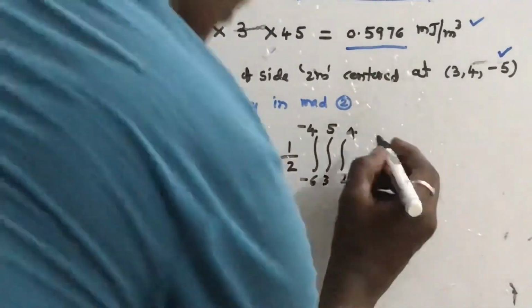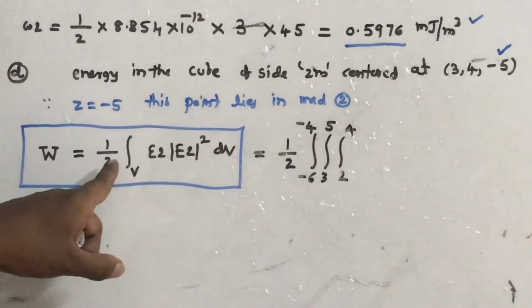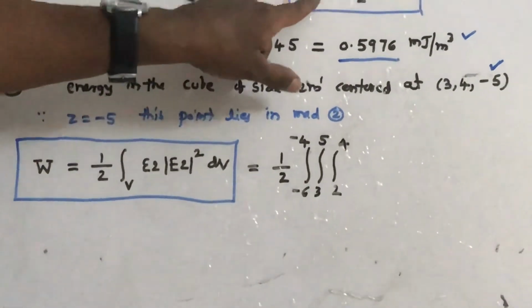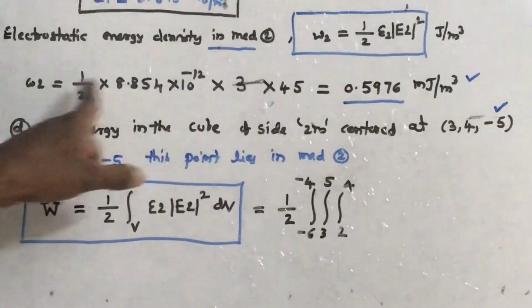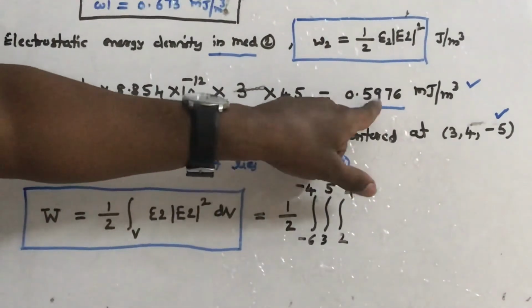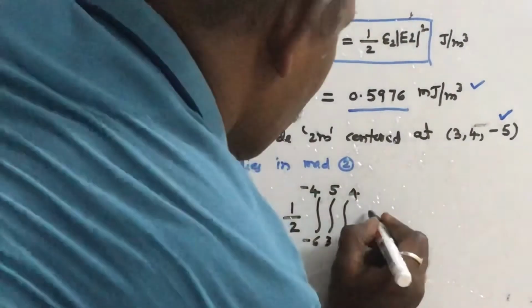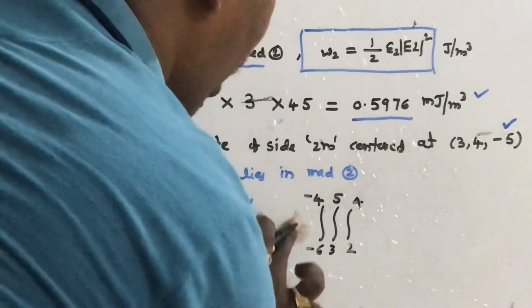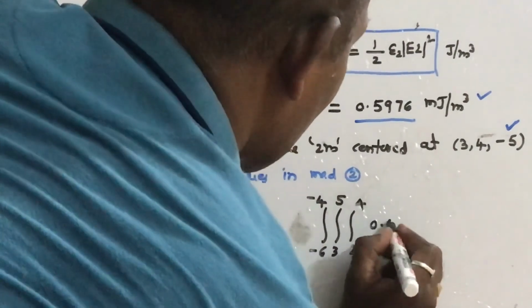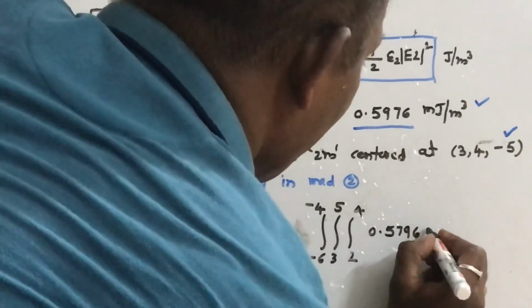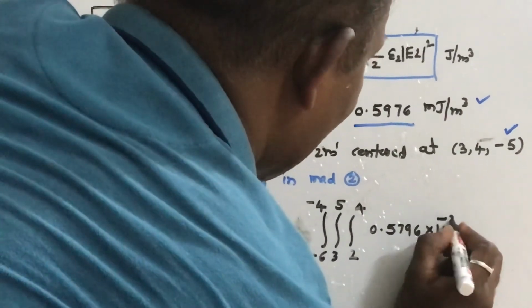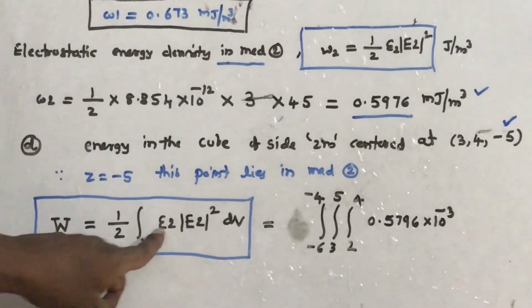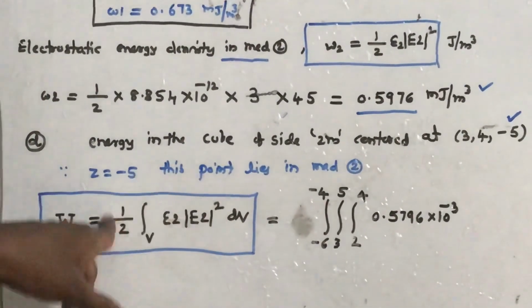Already we have found half epsilon 2 E2 square, which is 0.5976 milli, that means 10 power minus 3. That is the energy density.